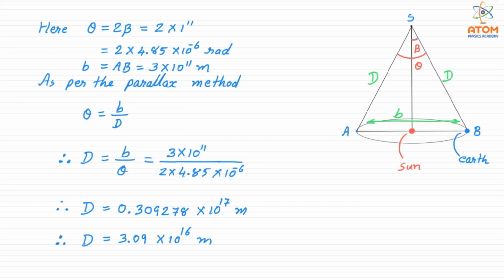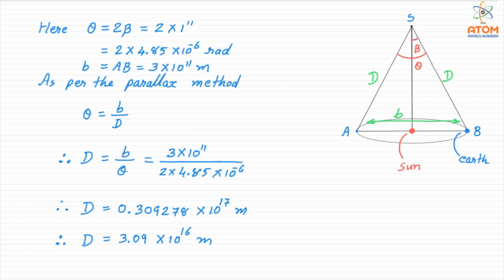Now, as per the definition, this distance is parsec, because in the definition of parsec we have seen that the distance where the angle subtended is 1 second, that distance is known as 1 parsec. So here we have taken beta as 1 second. So the distance D will obviously be 1 parsec.